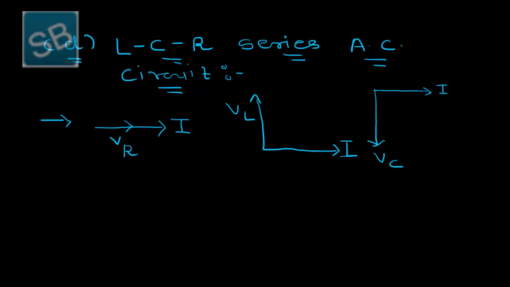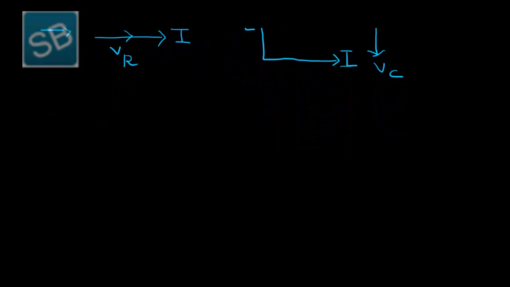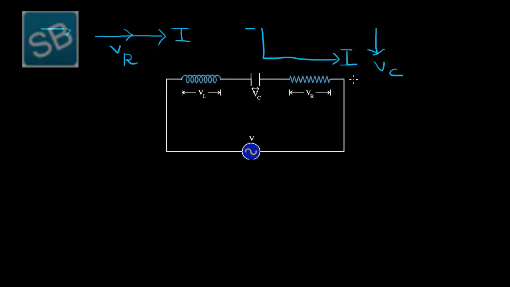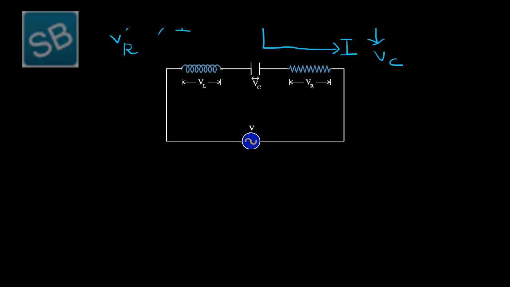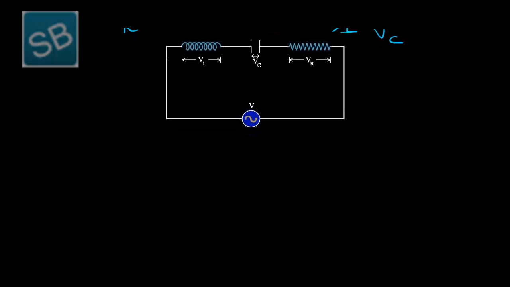Now I am giving you an arrangement of LCR series AC circuit. In this you cannot directly judge the actual phase difference between voltage and current. So we have to make some characteristics for voltage and current by means of the phasor method.